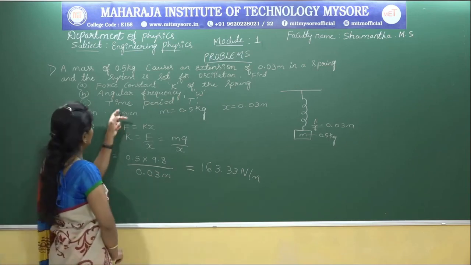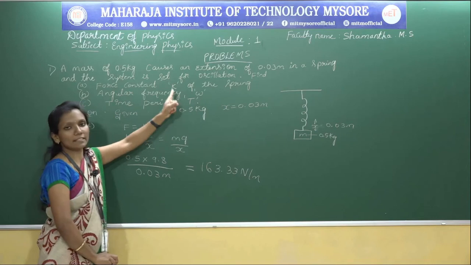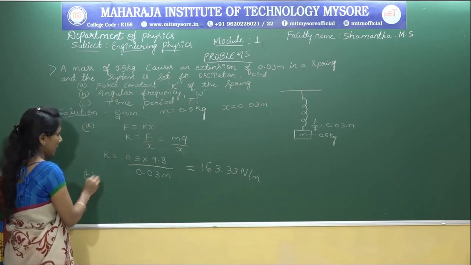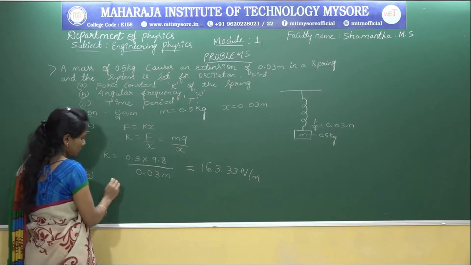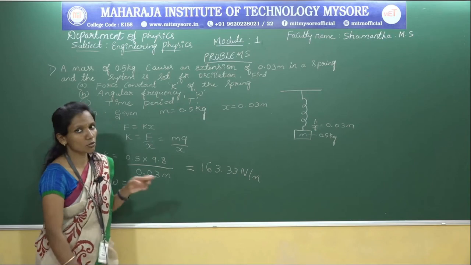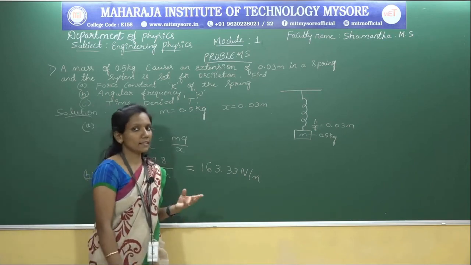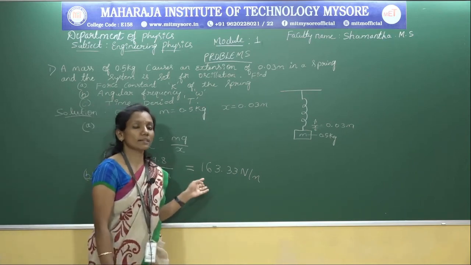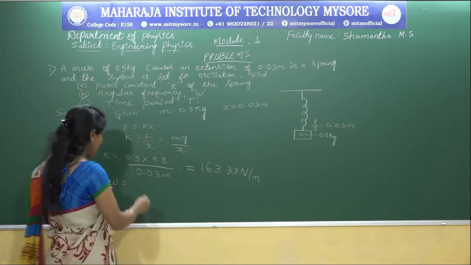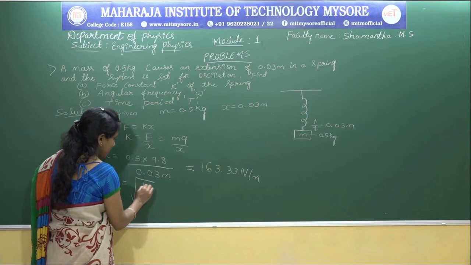Next, we have to calculate the angular frequency. What is the formula? We have omega is equal to 2 pi f, and we also have the formula for omega in terms of the spring constant: omega is equal to root of K by m.